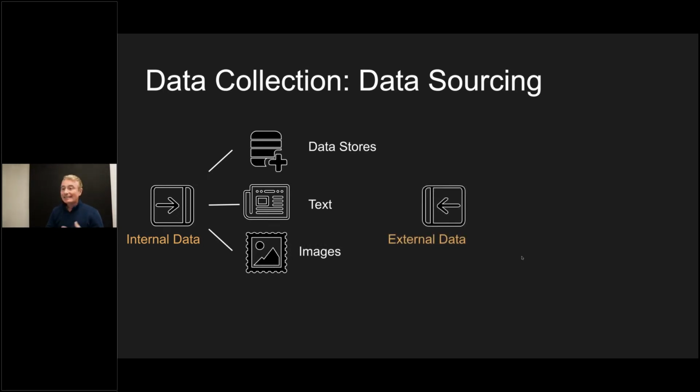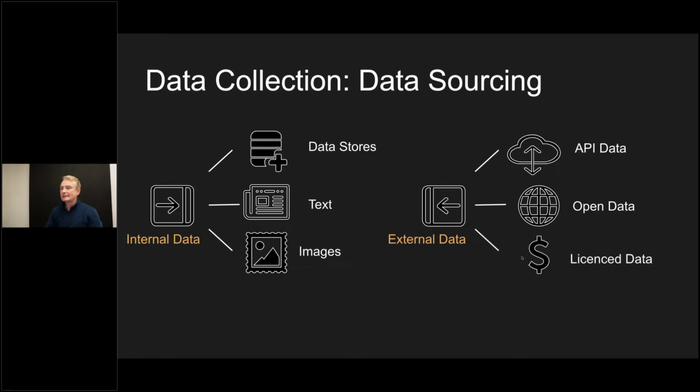And then, of course, there's external data, which a lot of us get. It might be from an API source. It might be from open data. It might be from licensed data. But you should question every one of these, because trust me, most machine learning, deep learning, and AI models run into problems right here. Internal data: where was this gathered? How was it gathered? These are good questions to ask.